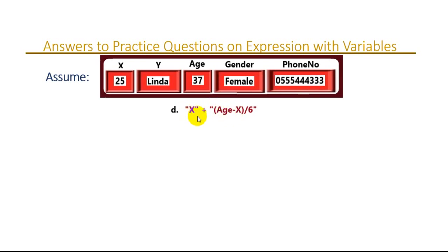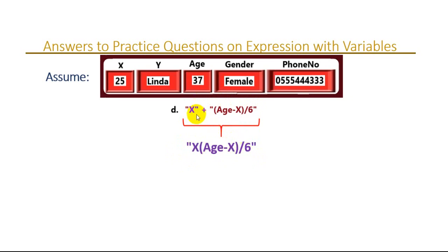So when you solve this, the result is this. Nothing to do with the variables. The letter x comes in and the rest of the things come just after that, with no spaces in between. That's why after x you immediately get the open bracket, age minus x, close bracket, divided by 6. We also call this a string.